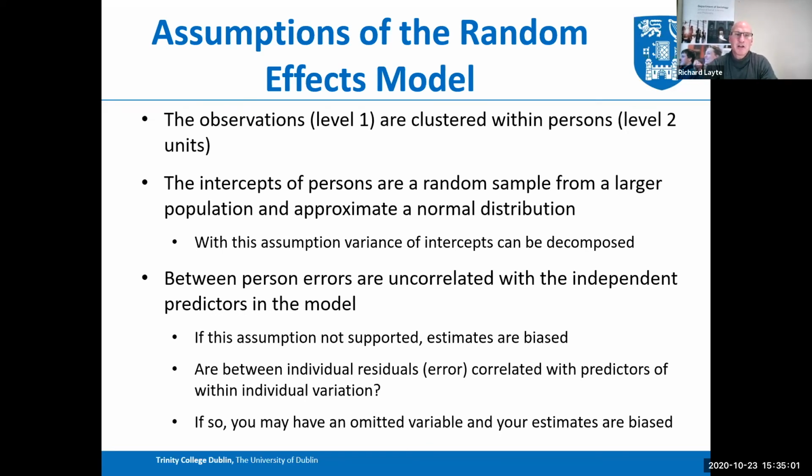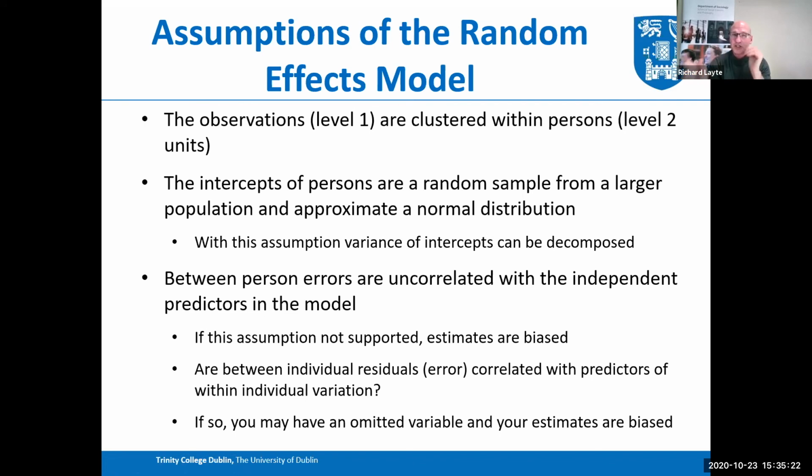There's also an assumption here that the between-person errors, so between the different people, are uncorrelated with the independent predictors in the model, okay? So the residuals in terms of the intercepts are assumed not to be correlated with your right-hand side predictors.